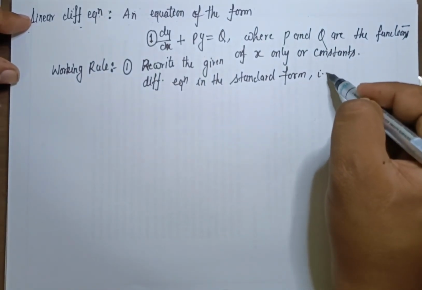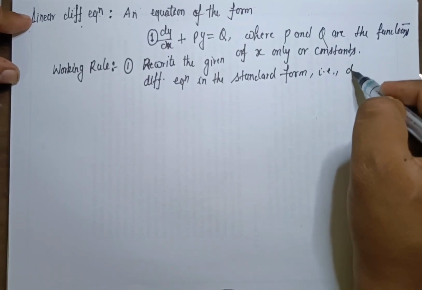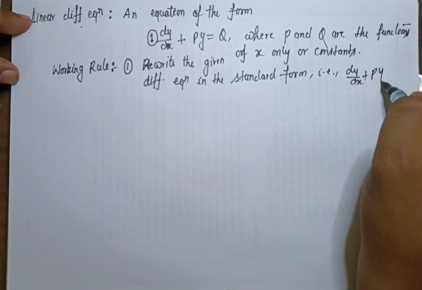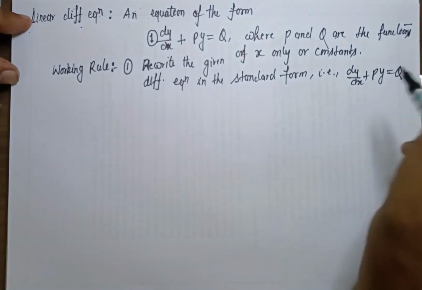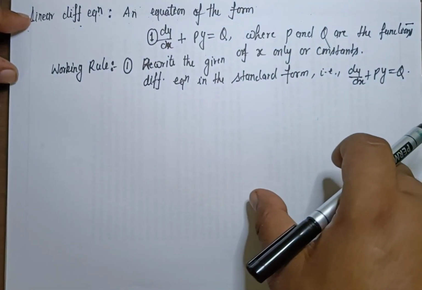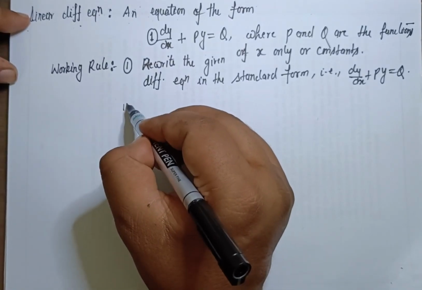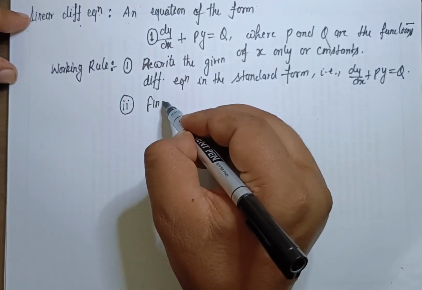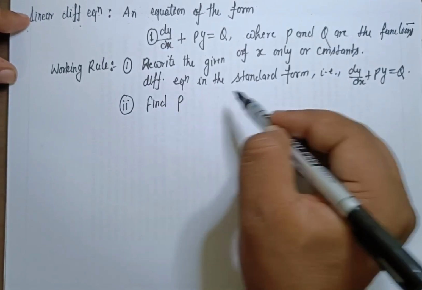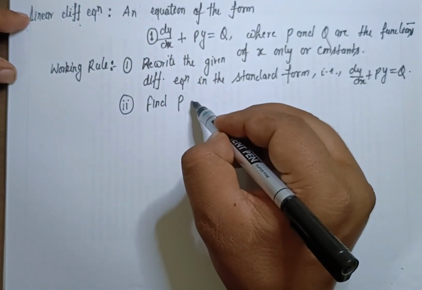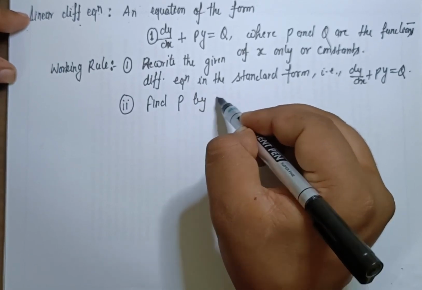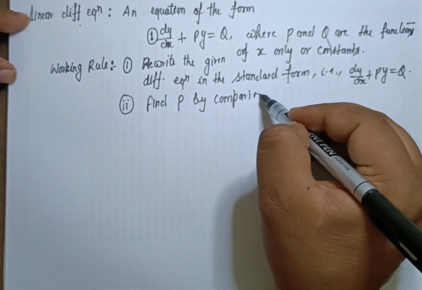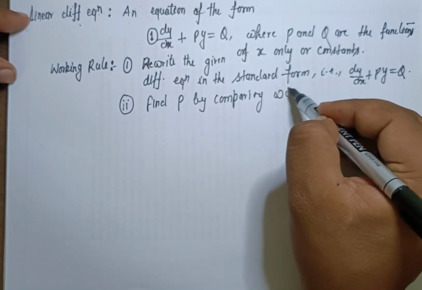What is the standard form? dy by dx plus py equals q. If it is not in this form, then first rewrite it as such. And second, find p and q on comparing with the general form.